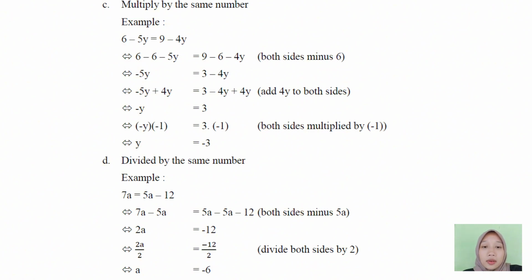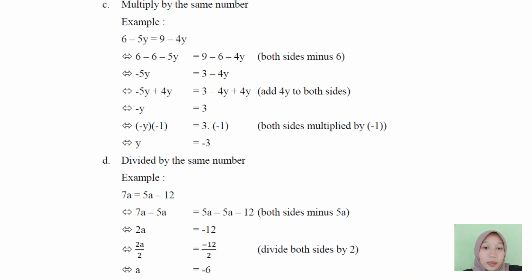Next, add 4y to both sides: minus 5y plus 4y equals 3 minus 4y plus 4y, becomes minus y equals 3. Multiply both sides by minus 1.